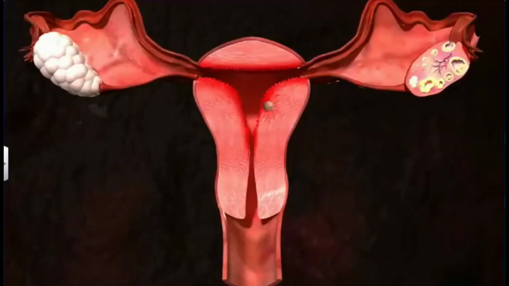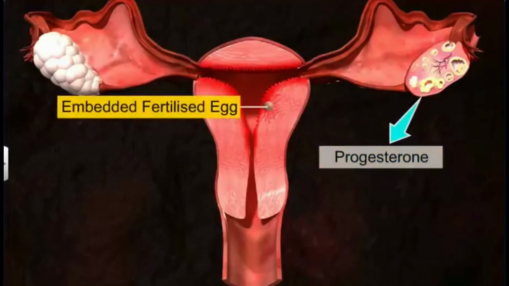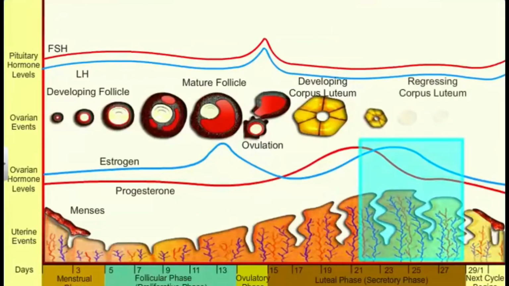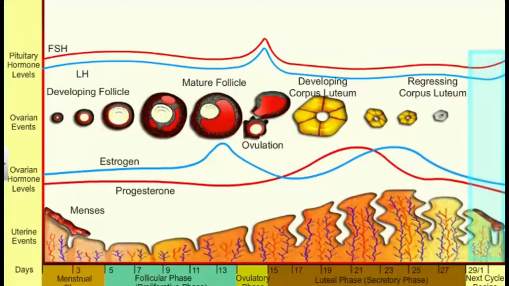Incidentally, a corpus luteum will keep secreting progesterone if a fertilized egg gets embedded in the endometrium. However, in the absence of the fertilized egg, the corpus luteum stops releasing progesterone and degenerates. A drop in the level of progesterone in turn triggers menstruation as well as the restart of the release of LH and FSH by the pituitary gland.